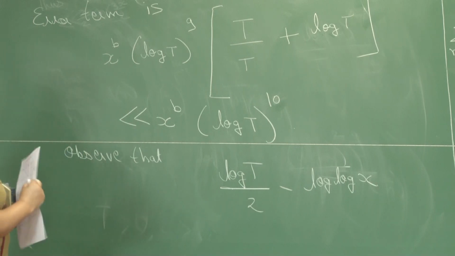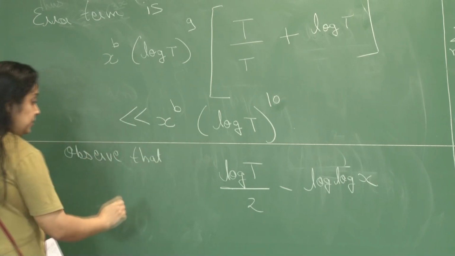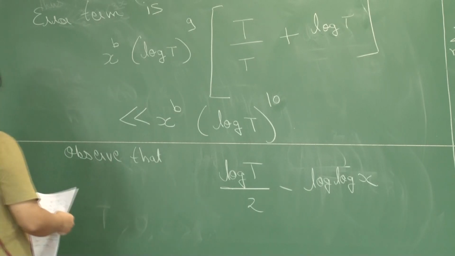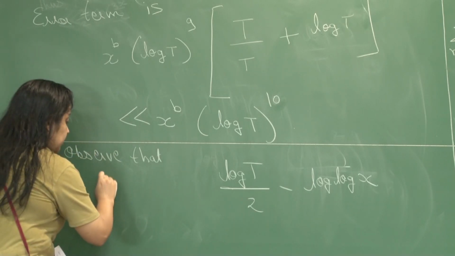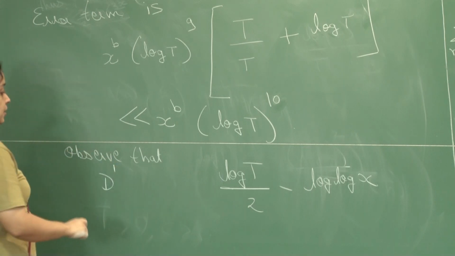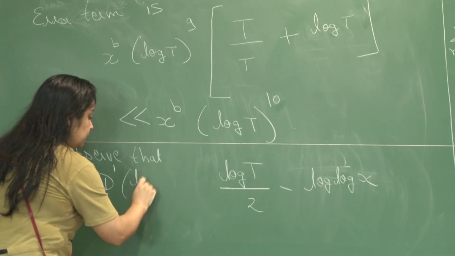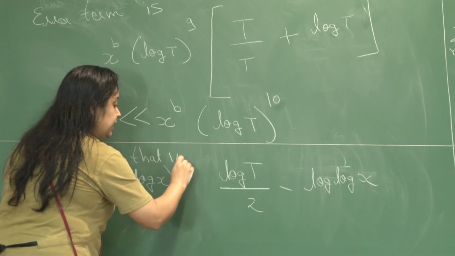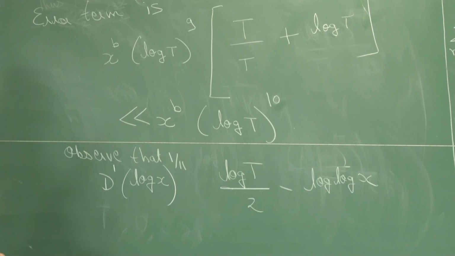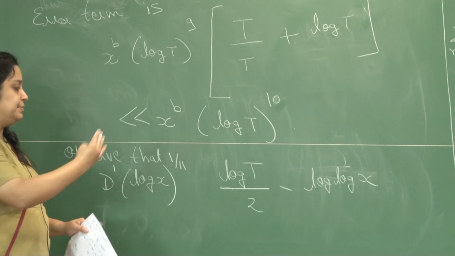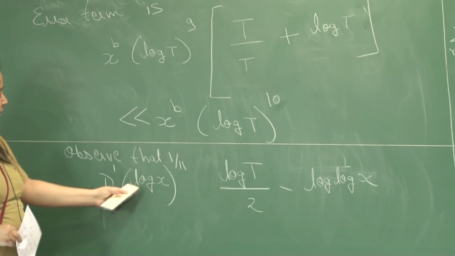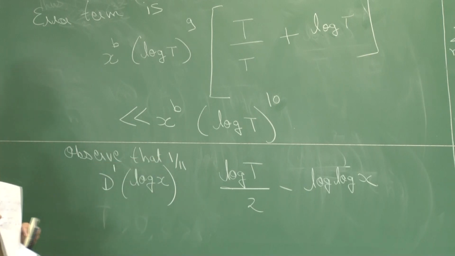So if I were to take some power of my logarithm of x, let me just take 1 over 11th, which is just a wee bit smaller than 1/10th. Basically, we can take 1/10th minus epsilon for any epsilon, but let's be specific and take (log x) raised to the 1/11th.